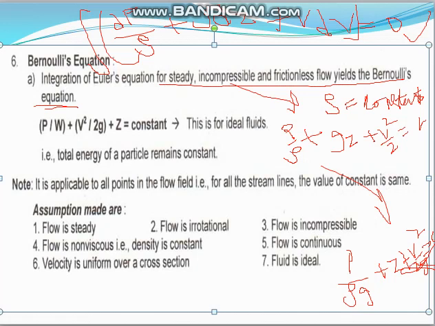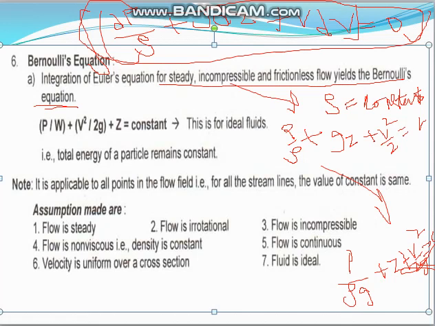So this Bernoulli's equation is obtained by integrating the Euler's equation of motion, which is given here. We already know that the flow is incompressible, so definitely the density will be constant.